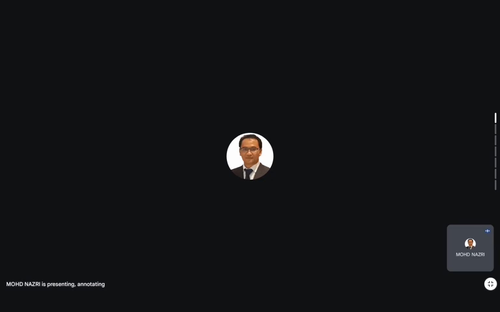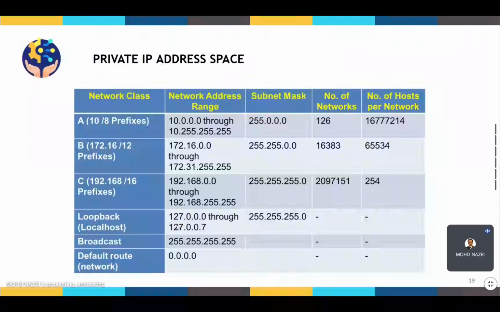The broadcast address is 255.255.255.255, and the default route network is 0.0.0.0. This IP address is not recognized by the internet. BGP or whatever on the internet, they don't understand it. Even routers don't understand this. It is used for the local area network or VLAN.